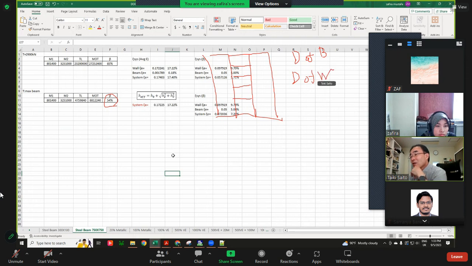In our case, the wall damage always goes apart and dissipates a lot of energy. Yes. If we change the damper, it doesn't contribute so much because damage of the wall is dominant.